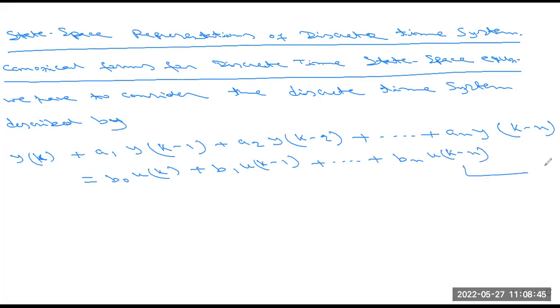This is equation number 1. So this is basically the canonical form of the equation for the discrete time control system in generalized form.